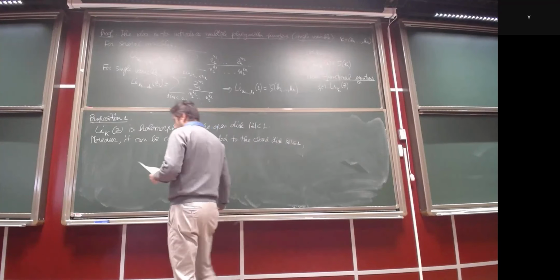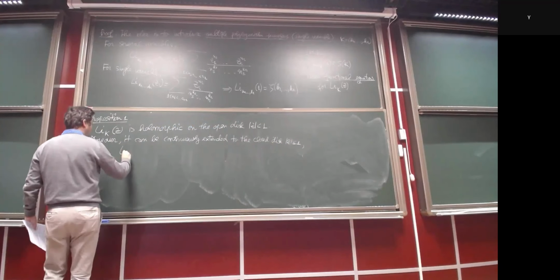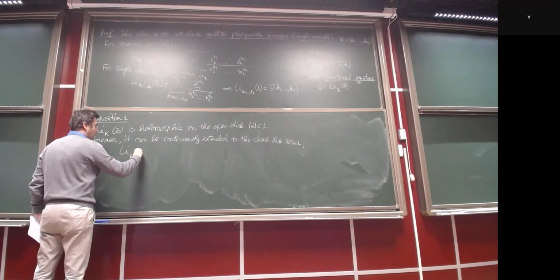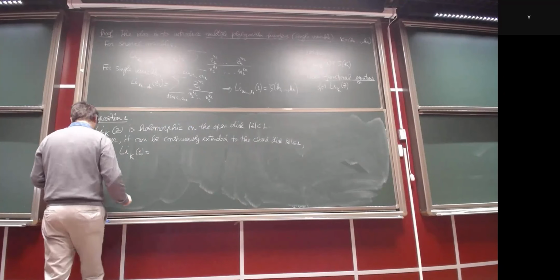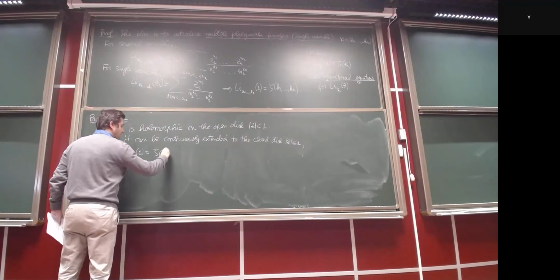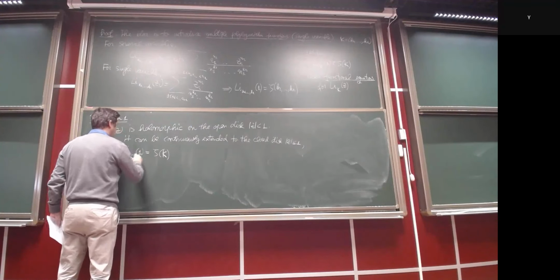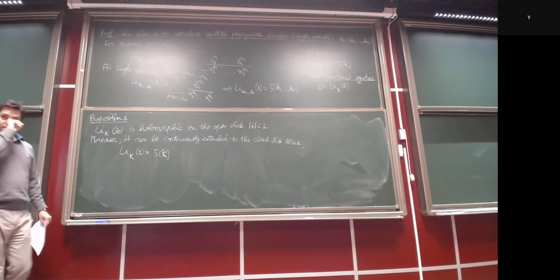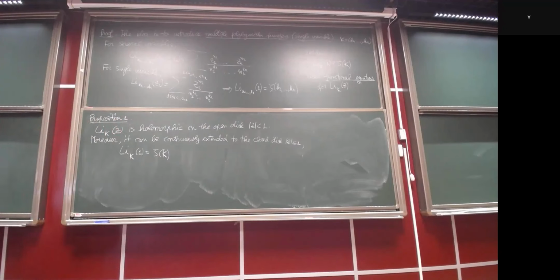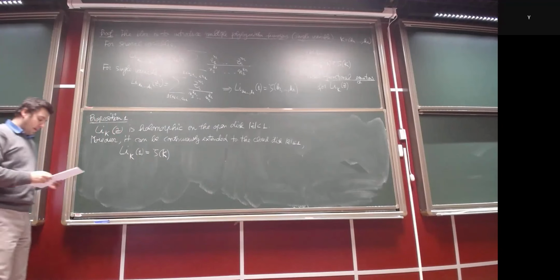And of course, as you can imagine, when we evaluate this at 1, we will get exactly the multiple zeta values, just like this. Right. So that's a theorem in complex analysis.